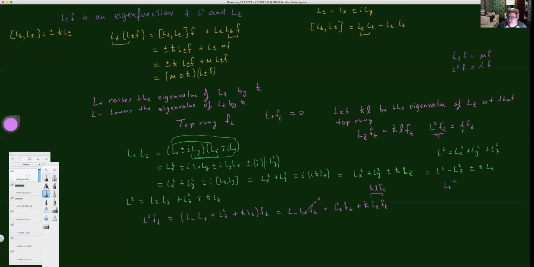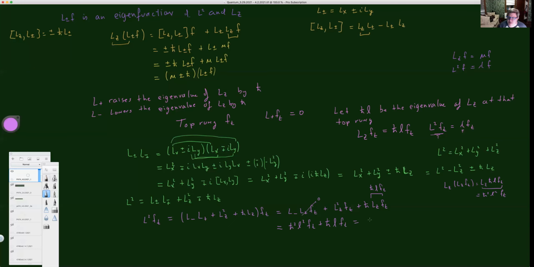Lz acting on Lz f_t is Lz acting on h bar l f_t, then the Lz acts on the f_t again, and we get h bar squared l squared f_t. All right, so here we're left with h bar squared l squared f_t plus h bar l f_t.